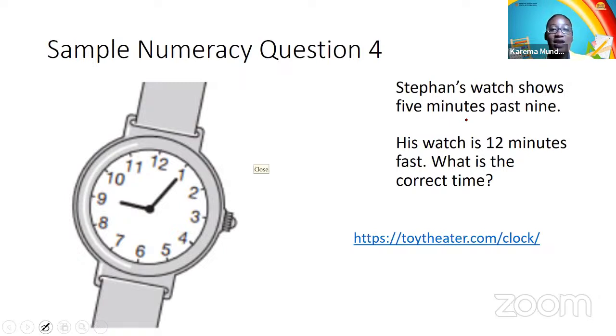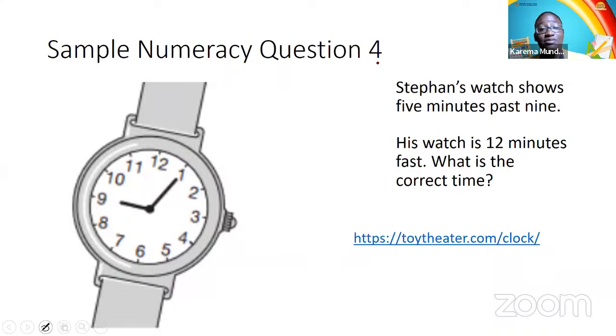All right, so I saw some hands, but in the interest of time, we want to ensure that we get you prepared as much as we can. So let us stop and think it through. Mrs. Darby asked a very important question earlier, and I want us to just pause for a minute and think about it. So my watch is showing 9 minutes past 9, but it is moving too fast.